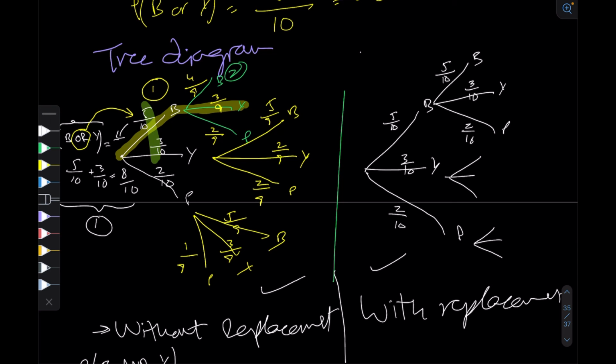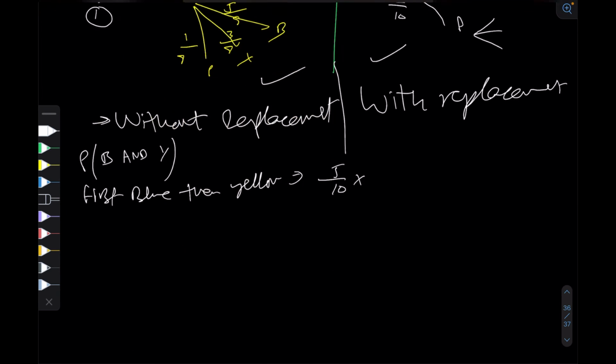Now if you focus on this portion, you will notice that within this portion of the tree, 3/9 of the sample is yellow, right? So if you take your certain sample, you look at 5/10 of it, and then you look at 3/9 of it, that is the blue and then yellow part. So 5/10 multiplied by 3/9 will be the probability of first getting a blue and then a yellow, right?